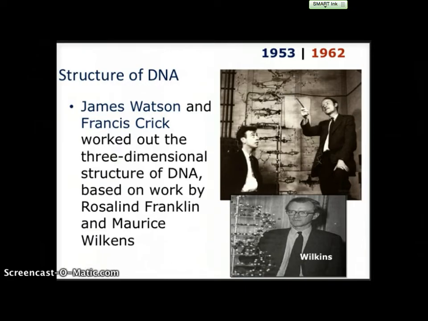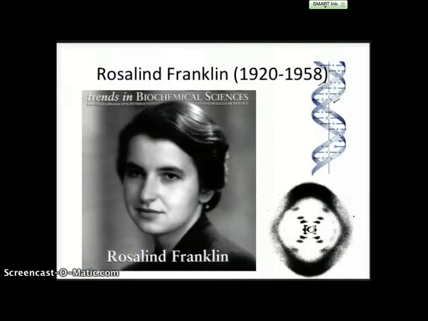But they couldn't have done this without the work based on two other scientists, Rosalind Franklin and Maurice Wilkins. And Rosalind Franklin is credited with taking these pictures of DNA, which allowed Watson and Crick to realize that it was this double helix. So she took pictures basically looking down the DNA molecule, so you can see that these would each be the bases.